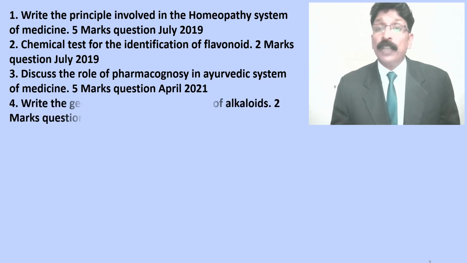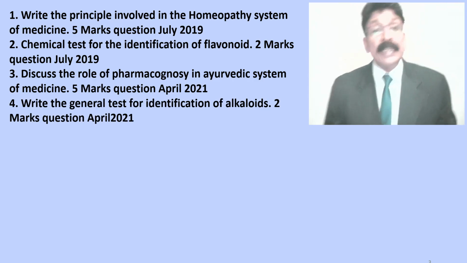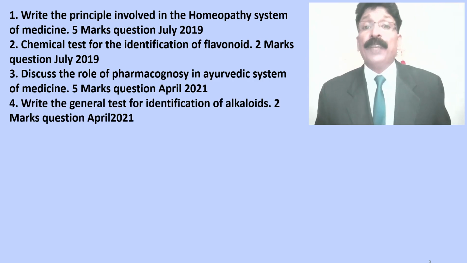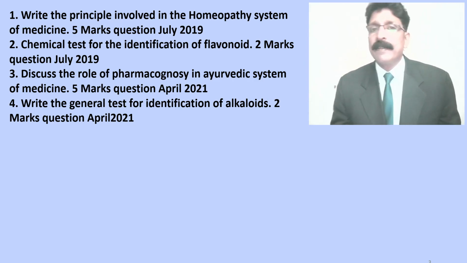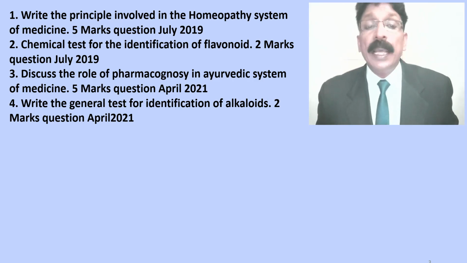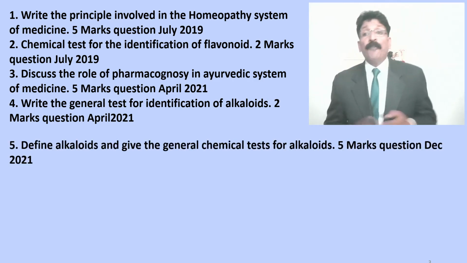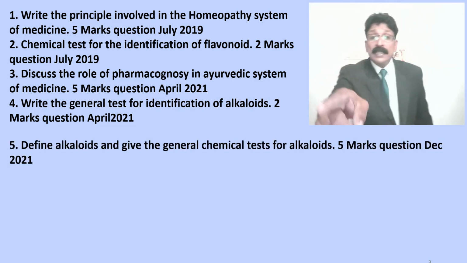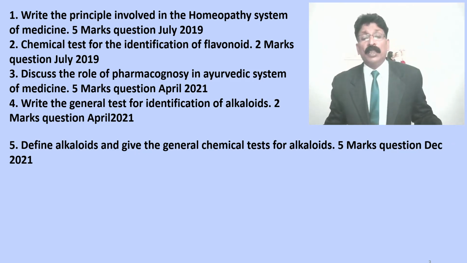April 2021, after Corona: write the general test for identification of alkaloids. 2 marks questions they have asked in April 2021. Define alkaloids and give the general chemical test for alkaloids.